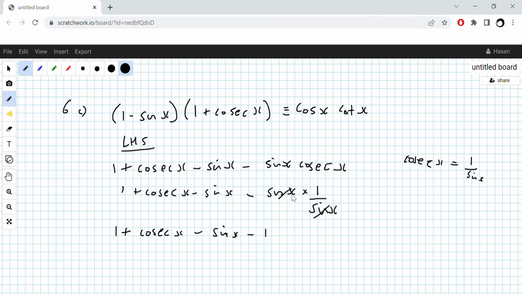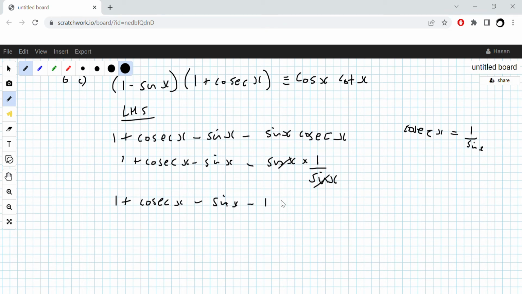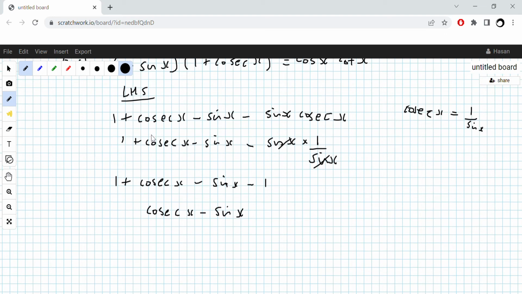The 1 and the 1 cancel out as well, so you're left with cosec x minus sin x.